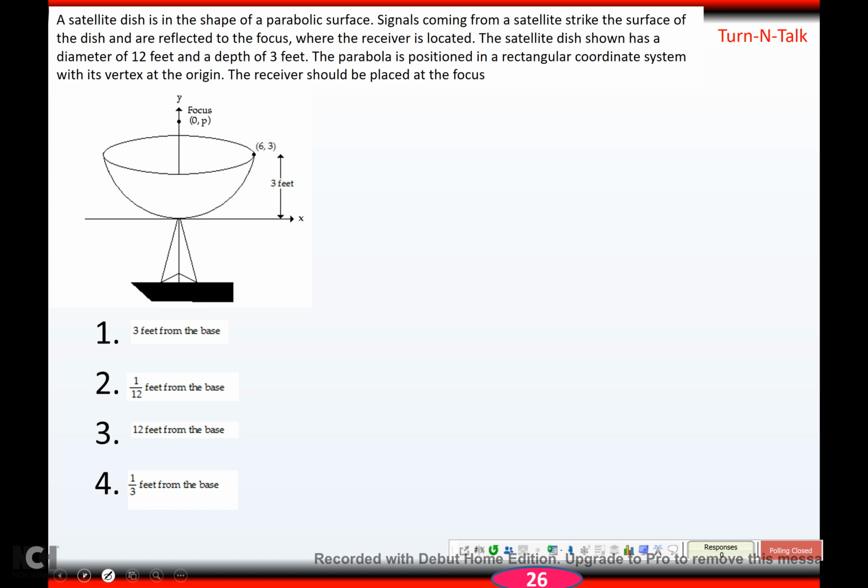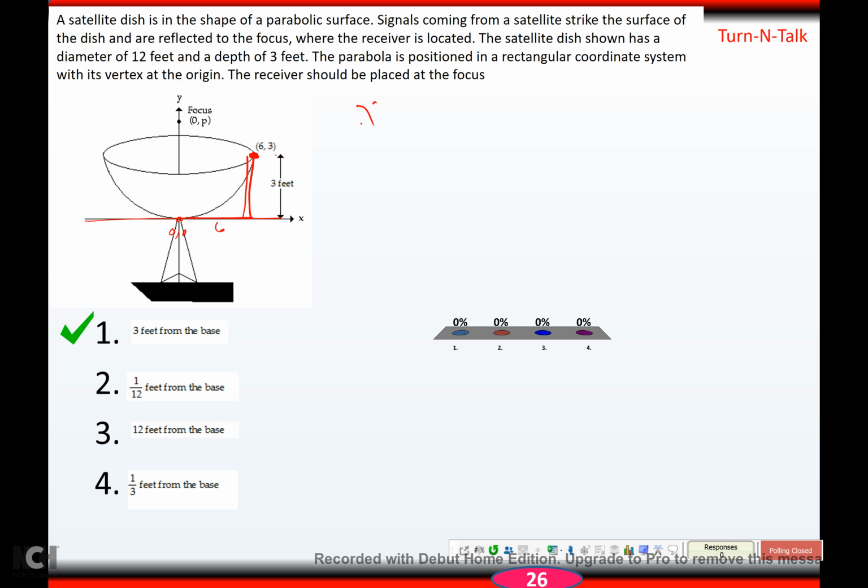Okay? Alright, you do this one, hit pause, come back when you're ready, and hopefully you got 1. If not, let's look at it. They were nice enough to actually draw the picture for me. It says it had a diameter of 12, which if you put this at 0, 0, made this point 6 feet out. And since the depth was 3 feet, this point right here would be 6, 3.